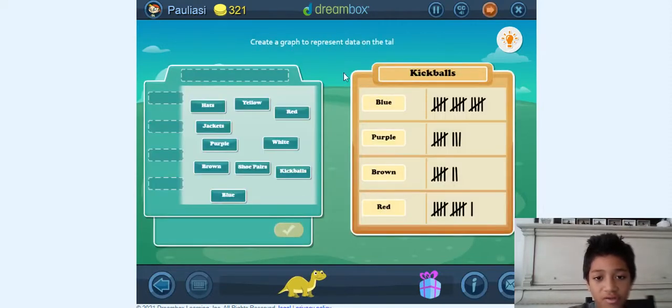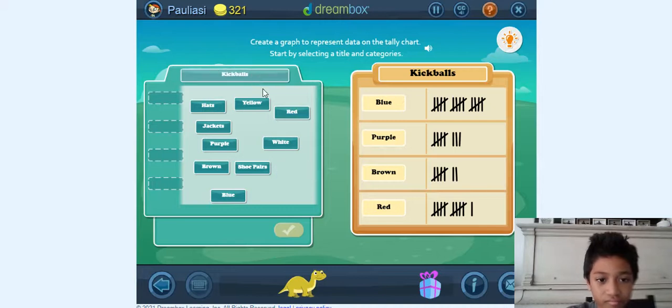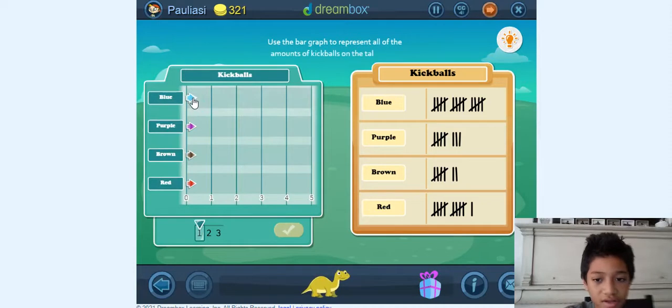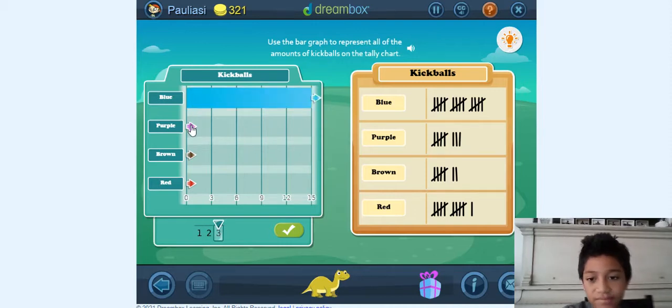So now we're doing it all over again. Create the graph data, starting by kickballs. Now we'll do blue. I went ahead and did it. Now how many blue? That's about 3. So there were 15 blues.